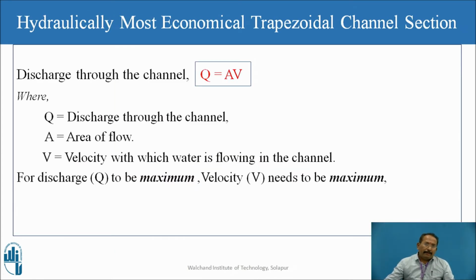Hydraulically most economical section, we are finding for the trapezoidal section. First of all, we must know the relation of area and velocity to find the discharge. Discharge is equal to area into velocity. For discharge to be maximum, velocity must be maximum because they are directly proportional.